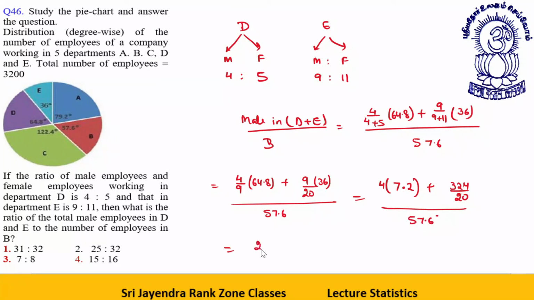4 into 7.2 will be 28.8. 324 divided by 20: 320 divided by 20 will be 16, and 4 divided by 20 will be 0.2, divided by 57.6.